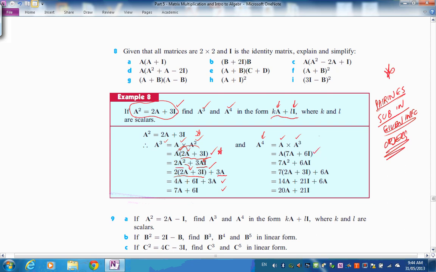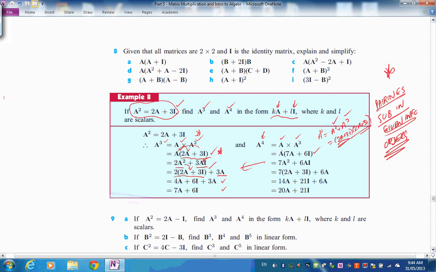Otherwise we have to go right back and do it like this, A squared by A squared, and it will still work out. If you were doing it starting out by itself, it'd be A squared by A squared, because you're given A squared. All right, so you could do that.